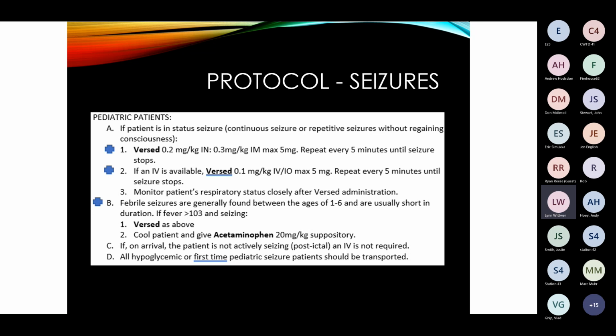You can sign that off as a refusal. If you have any concern that the patient should go to the emergency department, though, and the parents don't want to do it, then you need to contact medical control and have the physician talk with that family too.